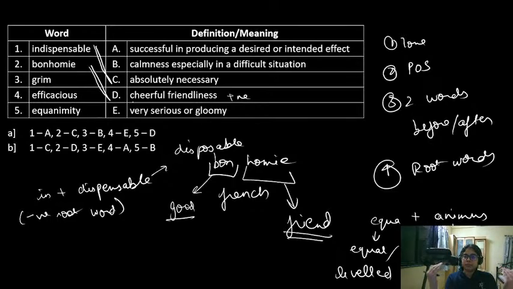When you're calm, right? When there's no sort of extreme feelings happening, when it's completely calm, it's in a very leveled, equal state. So equanimity, therefore, means calmness, especially in a difficult situation. So fifth should match with D.